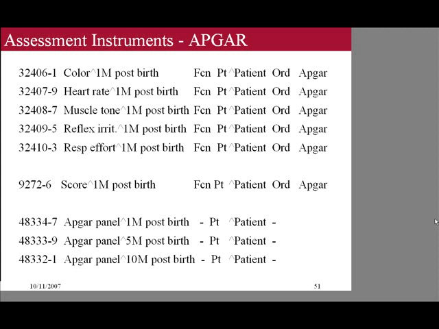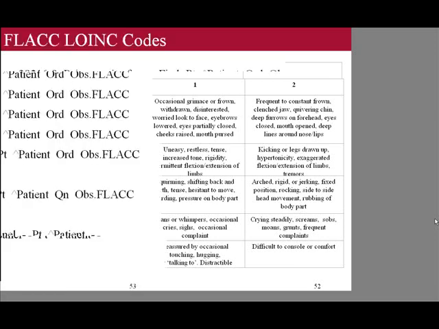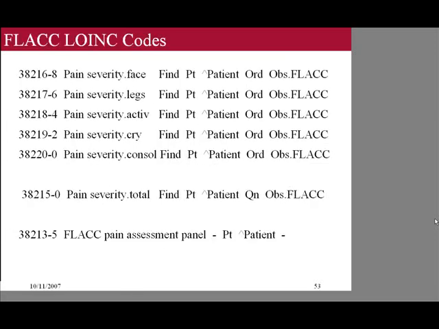Another example is the FLACC pain scale, just showing here that for the pain scale, you evaluate the face, legs, activity, cry, consolability, and for each of those they get ranked 0 to 2, and again in LOINC then you have pain severity face, pain severity legs.